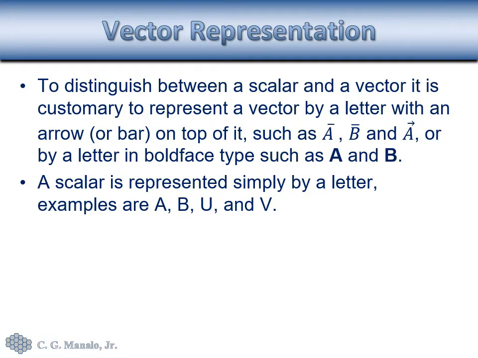To differentiate between scalar and vector quantities, we usually represent vectors by a variable with a bar on top, or an arrow, and represent scalar quantities with just a variable without any bar or arrow on top.